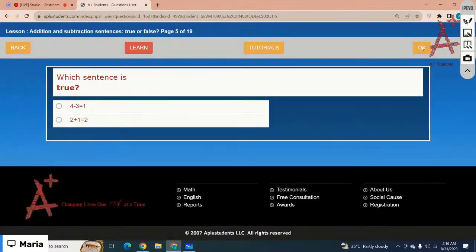The next one is, which sentence is true? 4 take away 3 equals 1 and 2 plus 1 equals 2, which is the correct option?